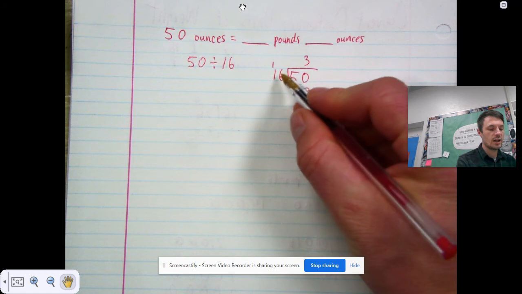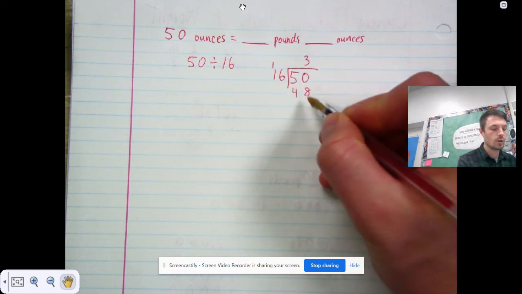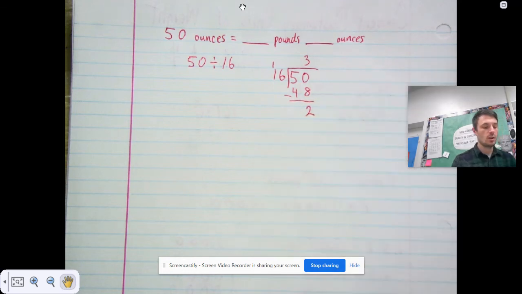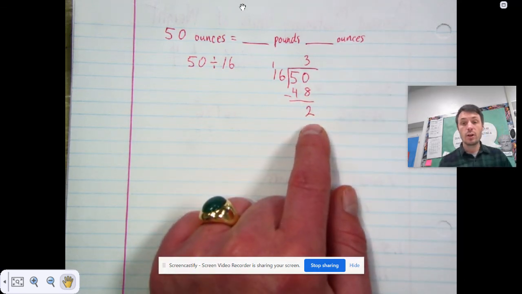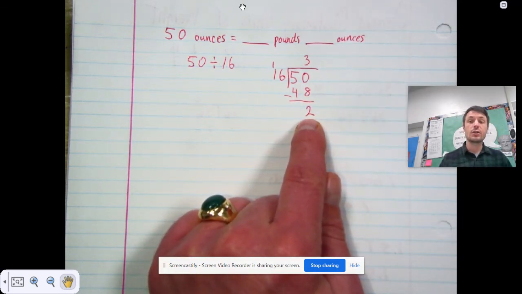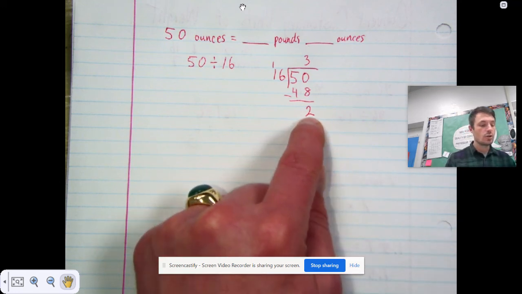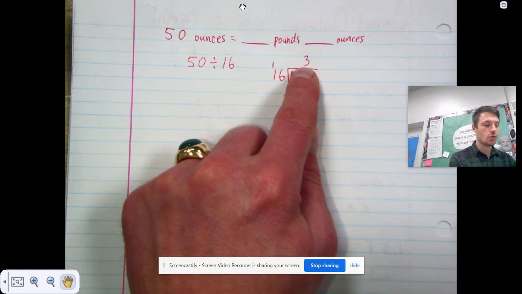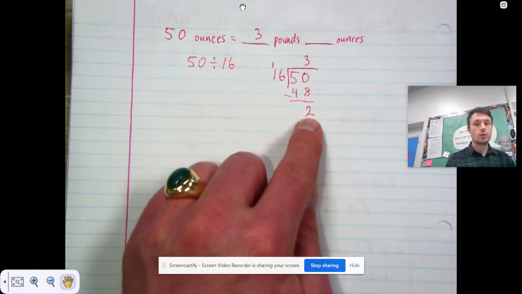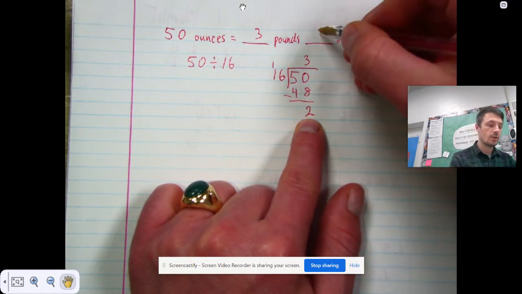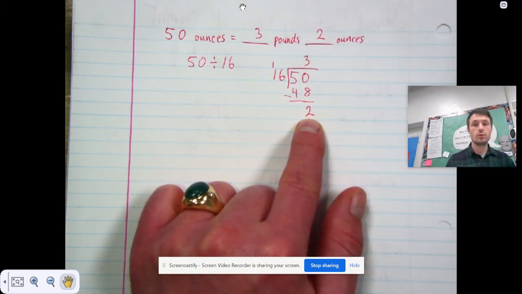Carry the 1. 3 times 1 is 3, plus 1 is 4. 50 minus 48 is 2. So the remainder, that's how many ounces are left over that can't be changed into pounds. So 50 ounces is 3 pounds, 2 ounces left over that don't fit into the pounds. So it's 3 pounds, 2 ounces.